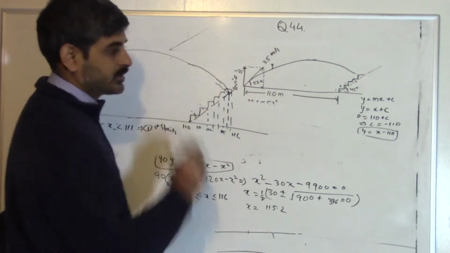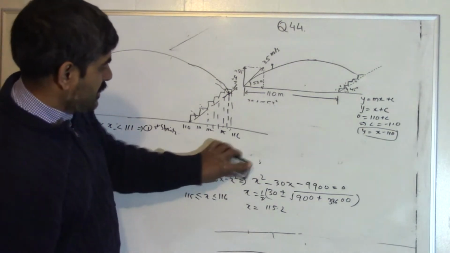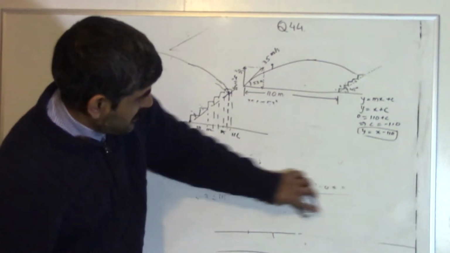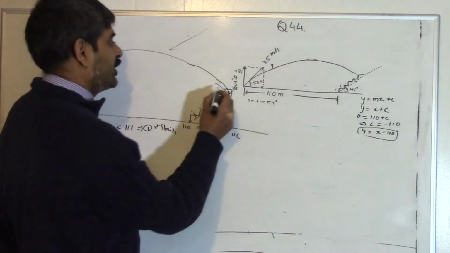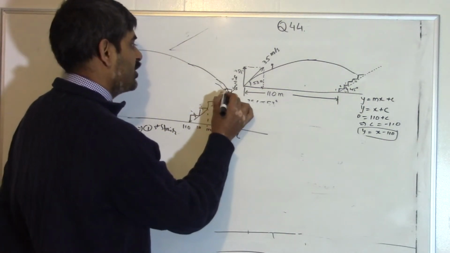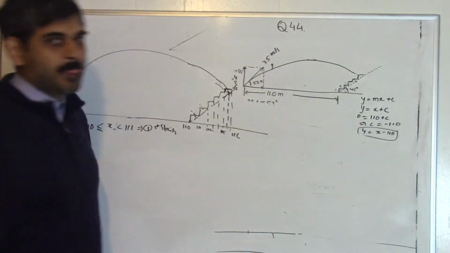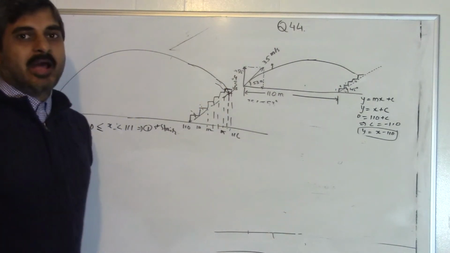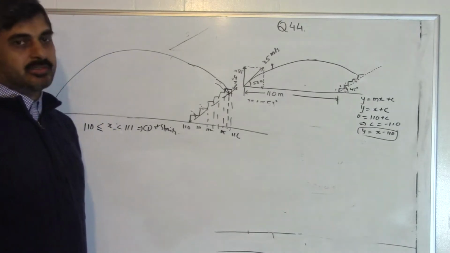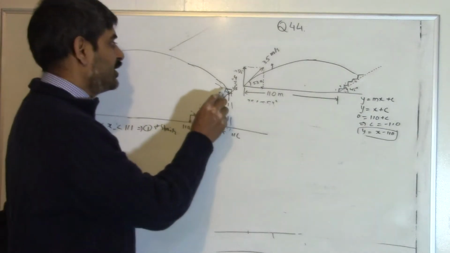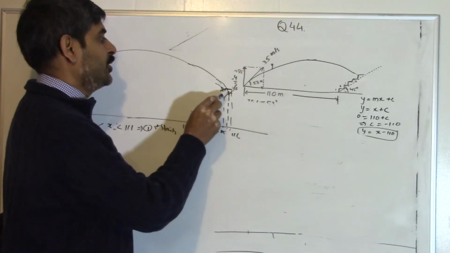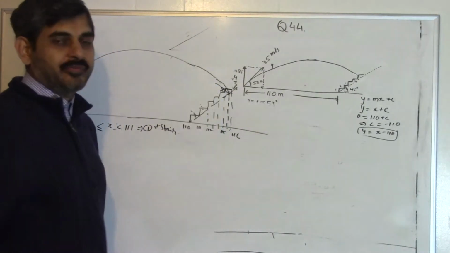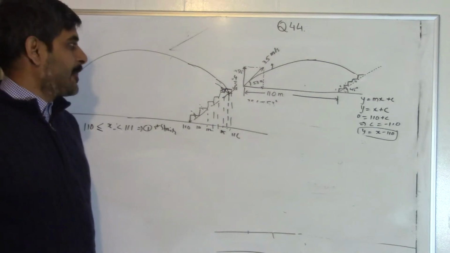That means we need to find out whether it's hitting this line or this line. Depending upon that, the answer could be either 5 or 6. If it hits here, then the guy sitting here will be hit, and we should take it as the 5th stand.